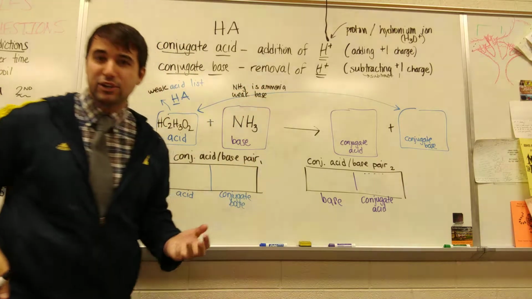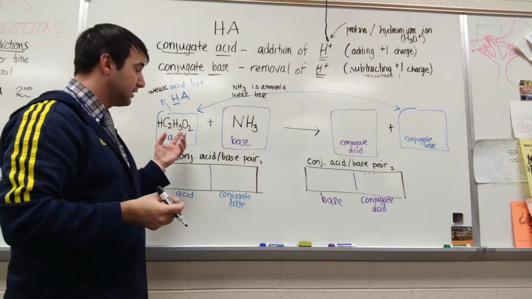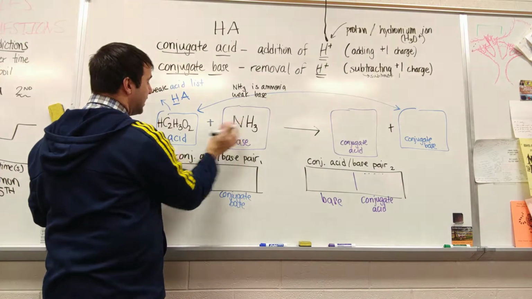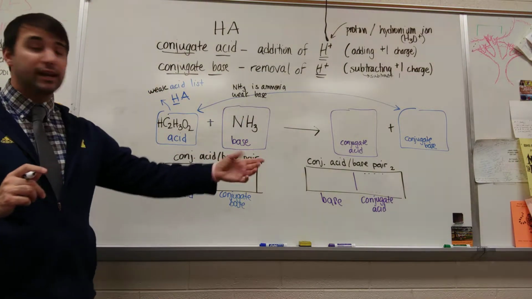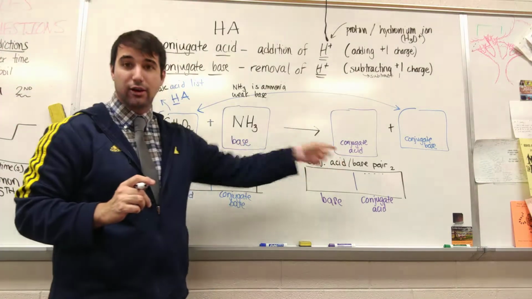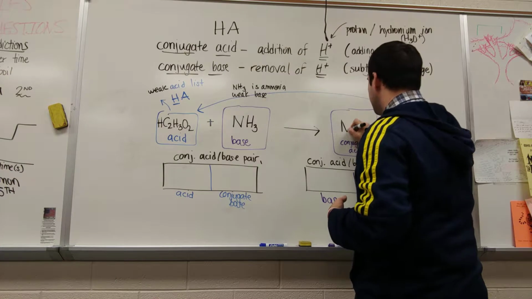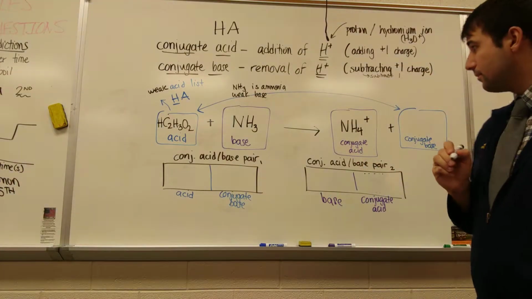Now remember, by definition, bases take H+, and acids give H+. So what's going to happen is this NH3 is going to get an H+. And so I'm going to write the conjugate acid over here, NH4 plus 1.